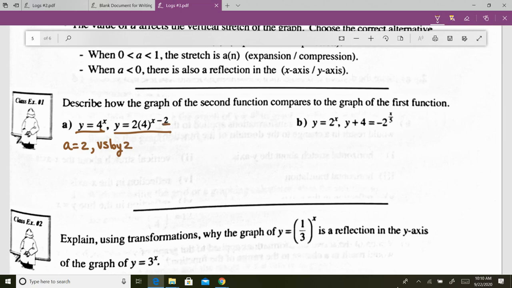What is this number? What letter is that in this equation? Yes, it's h. Right? Because it's tied up with the x value. So that is your h. All right, h is 2. What did that do? Moves it right 2.